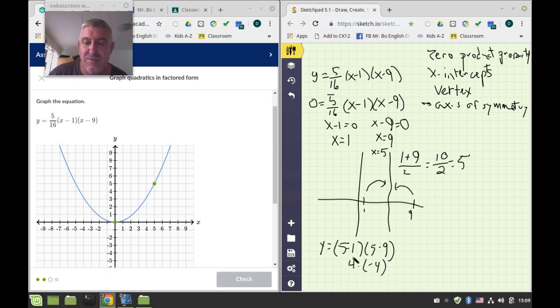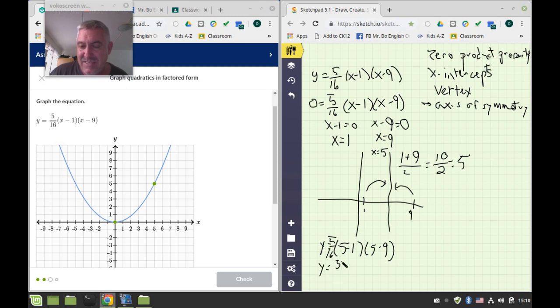So 4 and negative 4, or 3 and negative 3, or 2 and negative 2, or square root of 2 and negative square root of 2. Okay, so y is equal to that. Wow, I missed my coefficient, right? Okay, so it's going to be 5/16 times that.